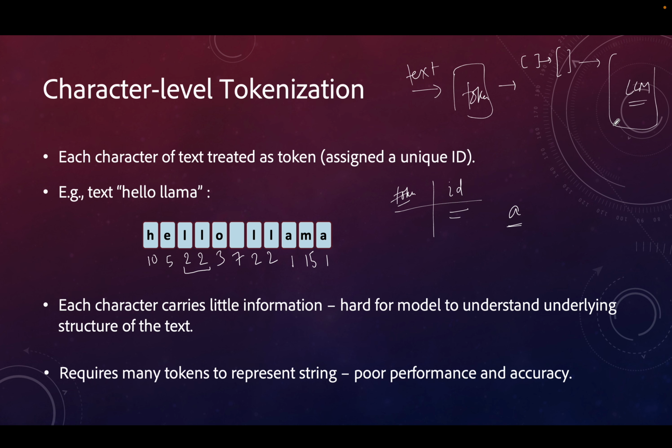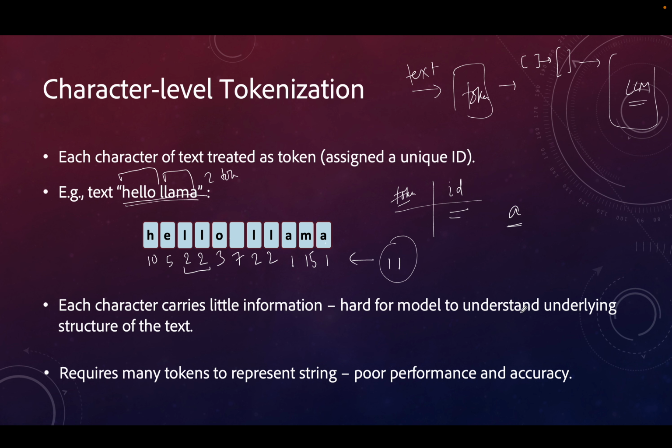Also, it requires many tokens to represent a small string. This hello llama is a pretty small string, and you see that we already have 11 tokens to represent it. If we had word level tokenization, we would have just 2 tokens as compared to 11 here. So it hampers the performance as well as accuracy.